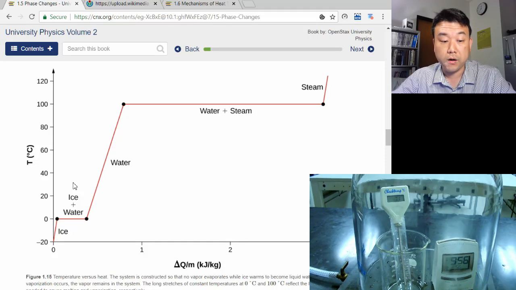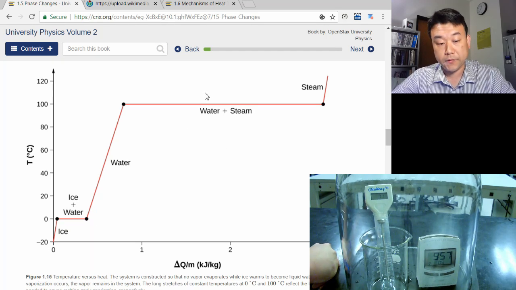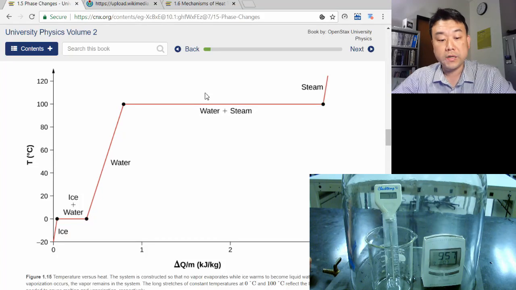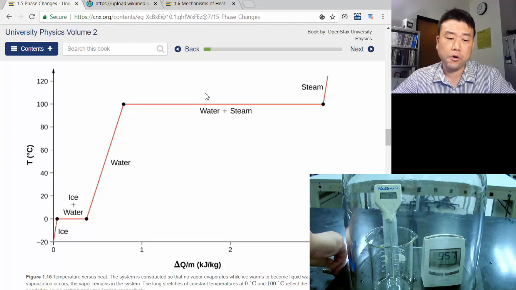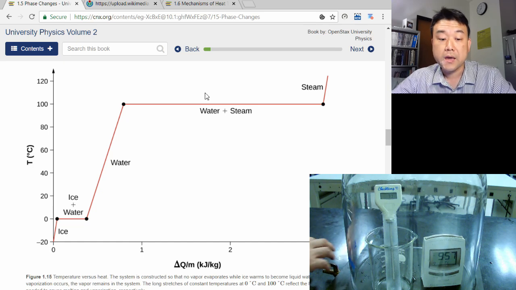When you have boiling water, a mixture of water and steam, as long as it is boiling at 1 atmosphere of pressure, you know it is at 100 degrees Celsius. You don't have to know how long the pot of water has been boiling to know what its temperature is, as long as there is some water left.